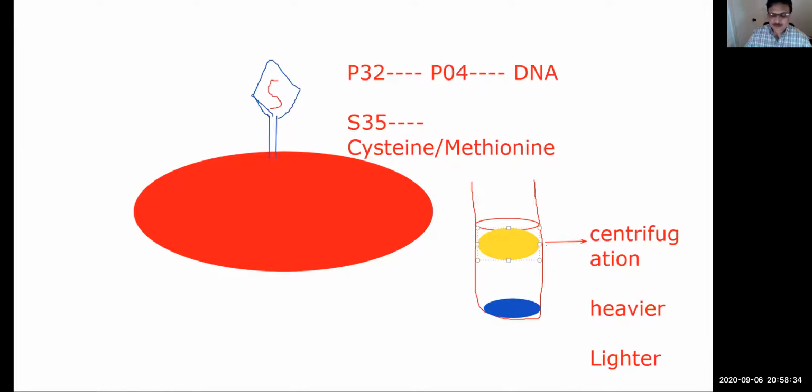This experiment was performed by Hershey and Chase, and they used T2 bacteriophages, and they used P32 and S35. When they separated the supernatant and the pellet, they found that the pellet, which is rich in P32, meaning the DNA, was the reason for infectivity, right?